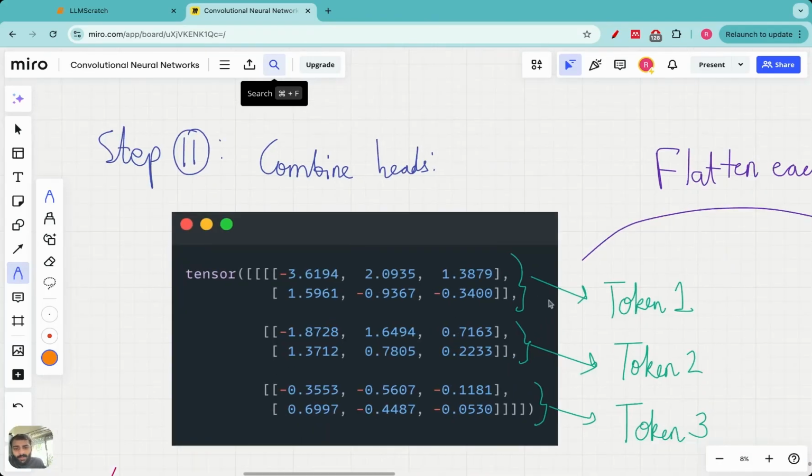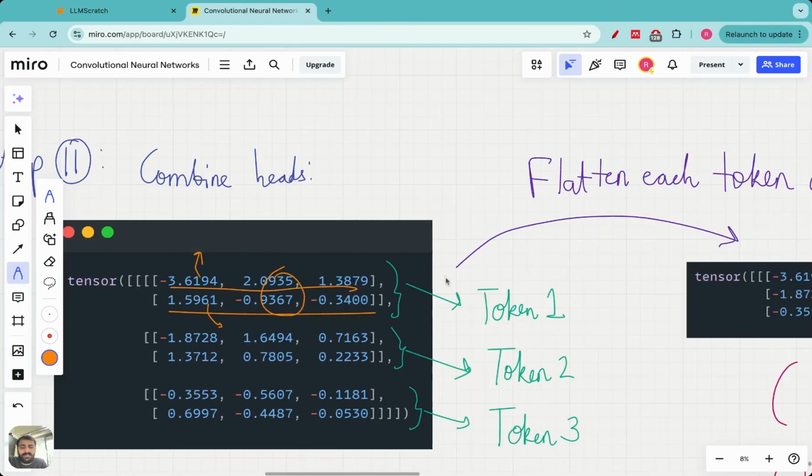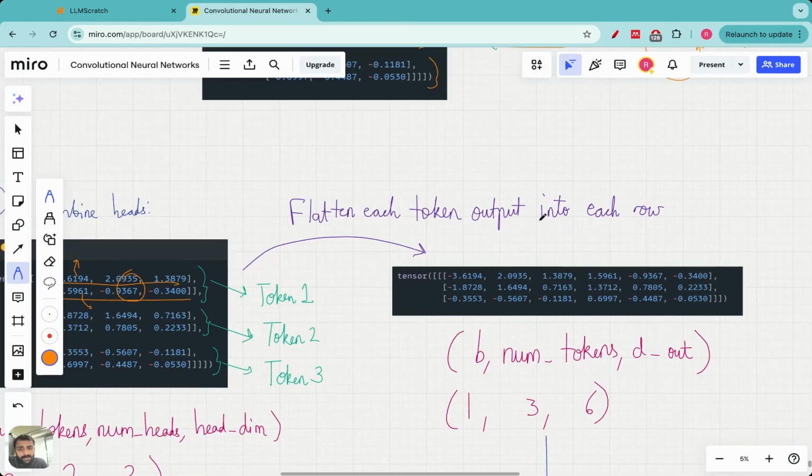If you look at the first token which I have highlighted over here, this is the first head and this is the second head. When I look at the first token, I will combine these two together into one row, so the dimension will be 6. Here these are 3 and these are 3, so I'll combine the outputs from both of these heads into one output. Let's see how this looks.